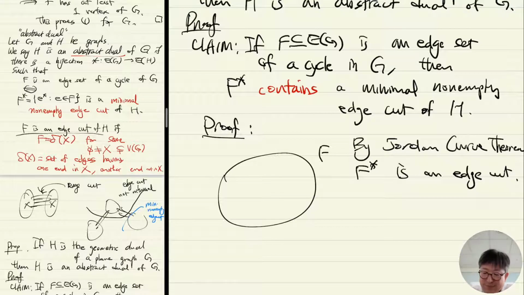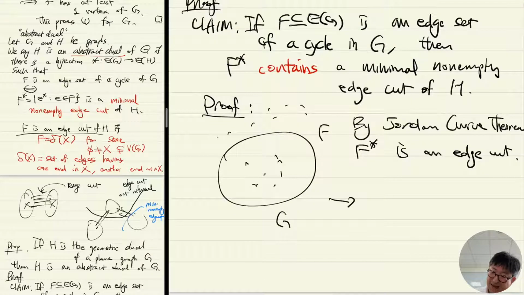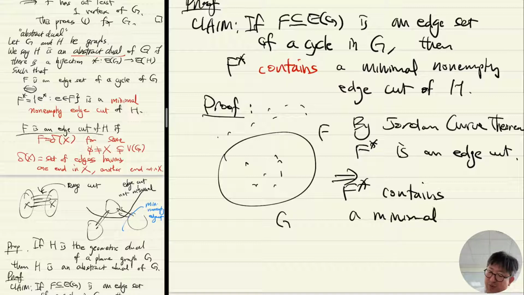There are vertices inside and vertices outside, and there's no edge crossing it because F is a simple closed curve. So F star is an edge cut. Whenever you have a non-empty edge cut, it contains a minimal non-empty edge cut. So this direction is easy. What about the other direction?